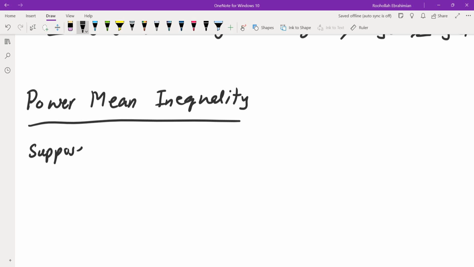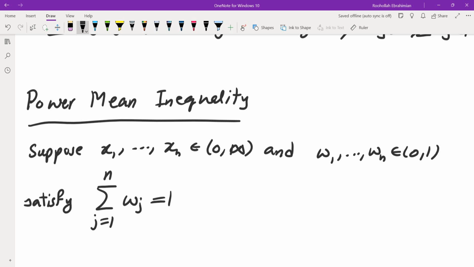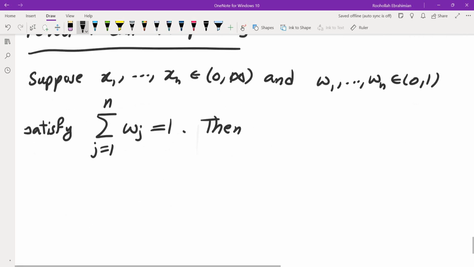Suppose x1 through xn are positive, and we also have some weights w1 through wn in [0, 1], satisfying the sum of wj equals 1, j equals 1 to n. Then what we have is this.